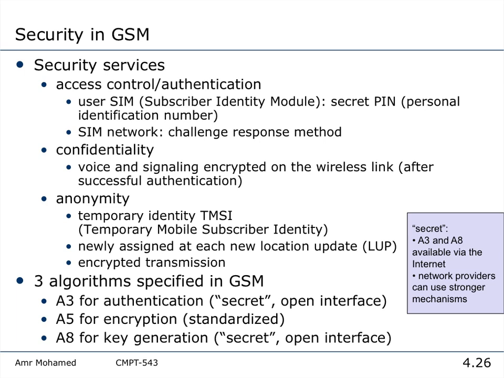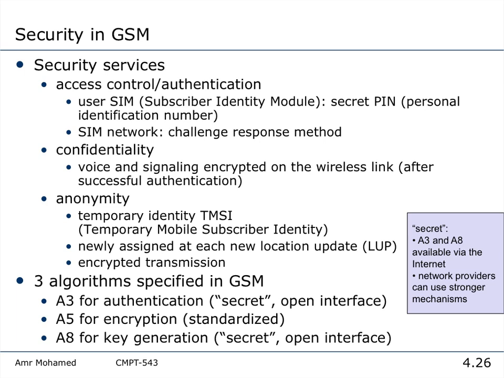Of course, the home location register stores that mobile station identifier, so it can expect a certain response. If you have the right identifier, then you will produce the response that I'm expecting. If the response matches, then I authenticate the mobile station. So we'll see how this is done.